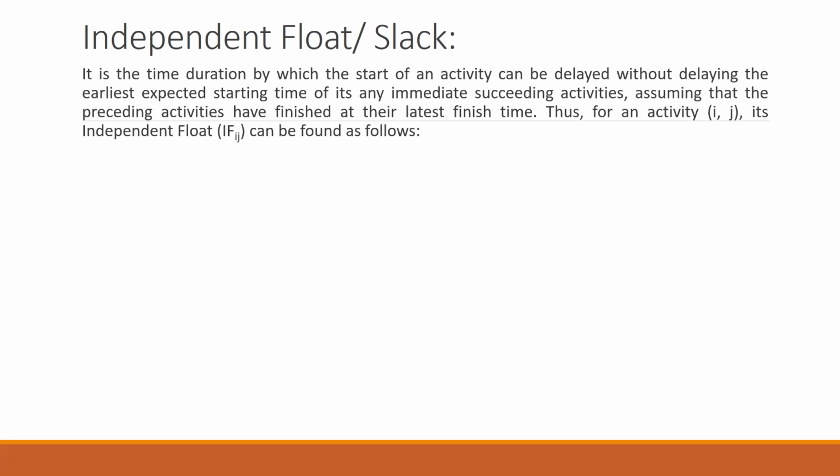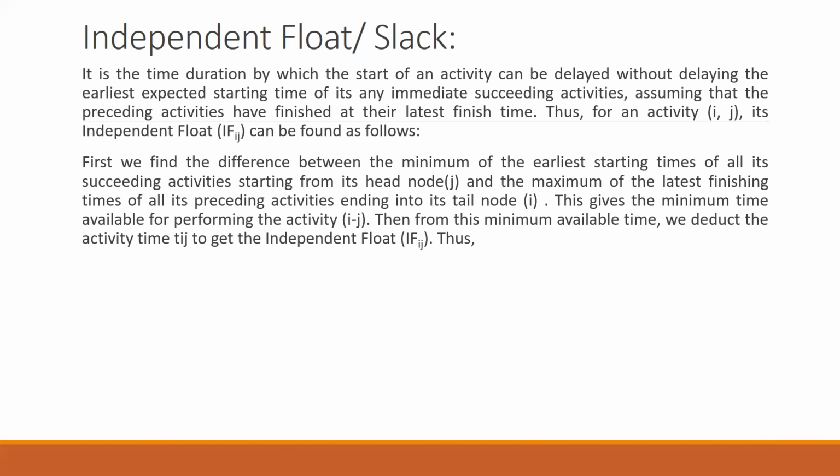We assume that the preceding activities have finished at their latest finish time. So if we take the activity ij, its independent float IFij can be found as follows. You can take down the formulas.